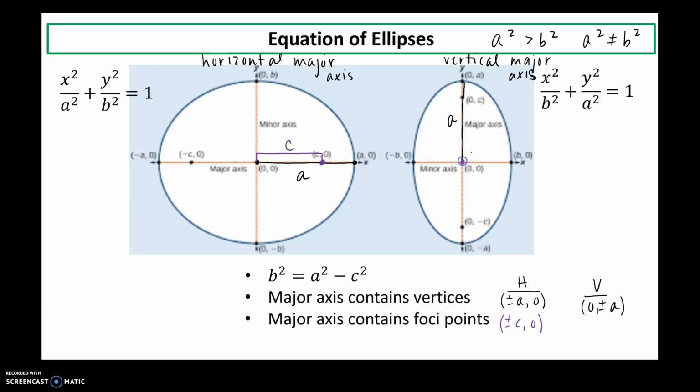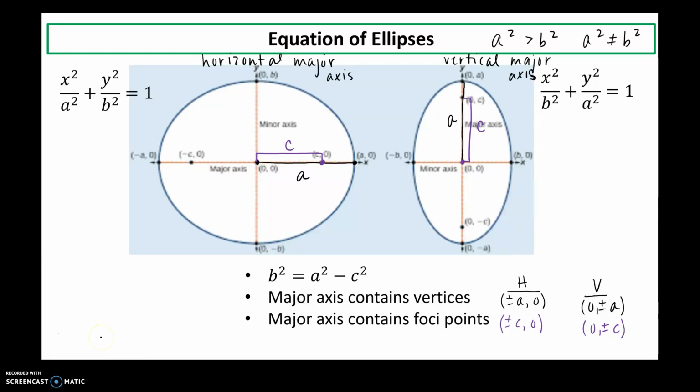If I have a vertical major axis, now I'm changing all my y values, so 0, comma, plus or minus c. This relationship here, b squared equals a squared minus c squared, is what will enable us to find the foci and the coordinates, or maybe the coordinates of a vertex.